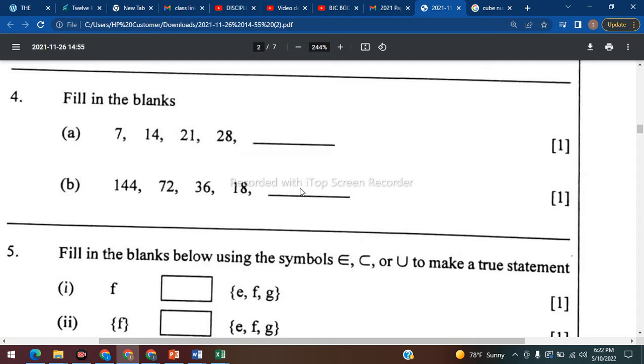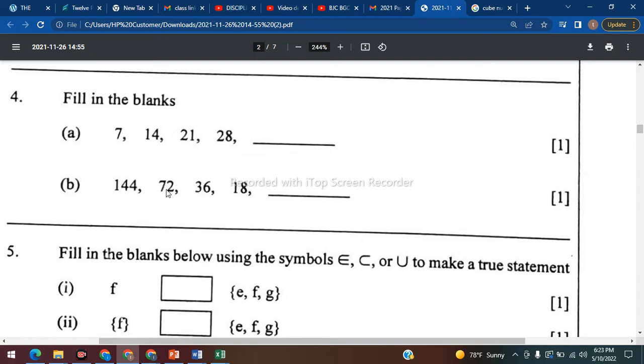You look carefully, right? They're using some method. Alright, do me a favor, Nancy. Divide 144 by 2. 72.